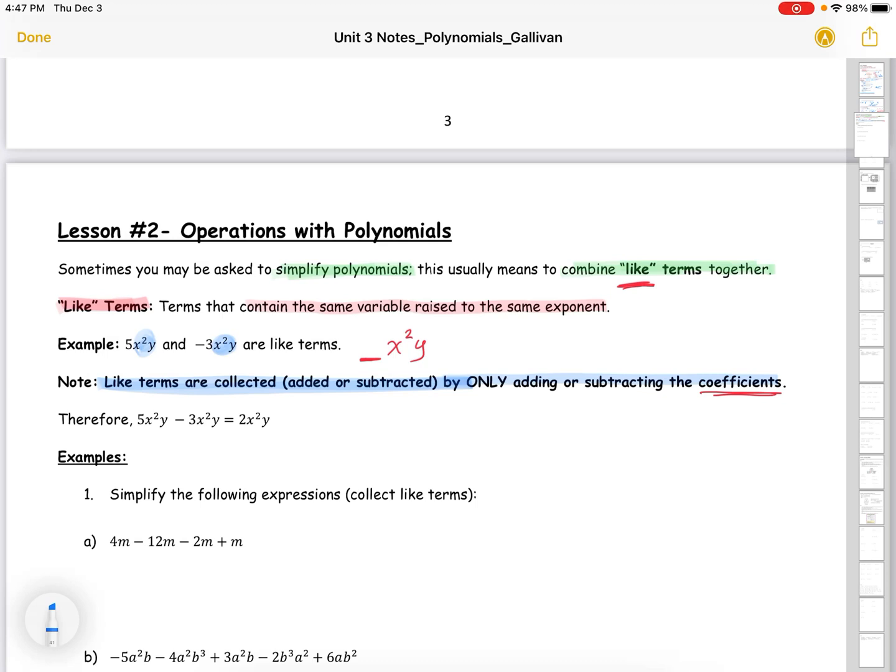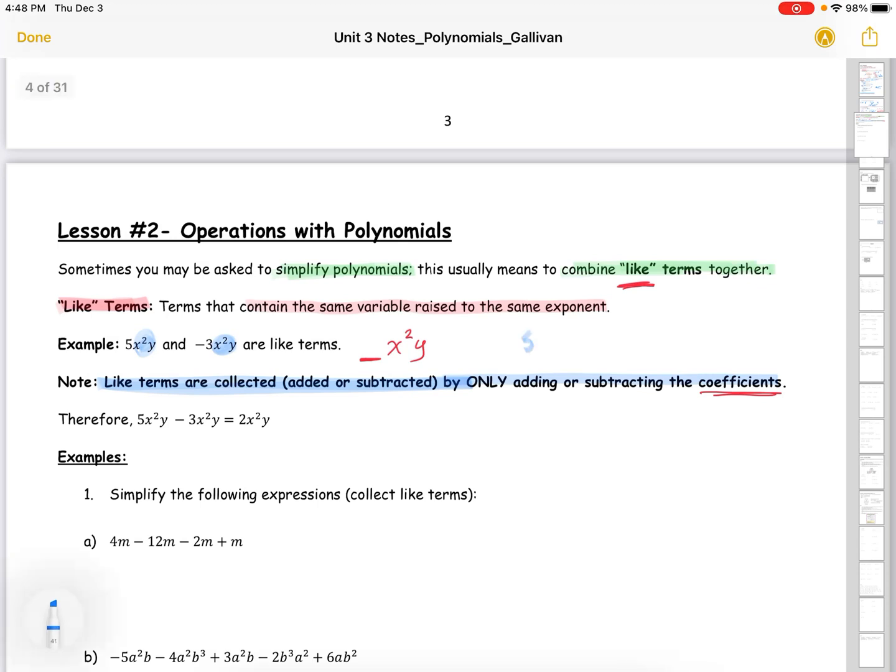It's like saying we have 5 oranges and -3 oranges. The oranges would be the variable. So they don't change. So we're still talking about how many oranges we have, but we have 5 and we take away 3 of them. So we have 2 left, right?